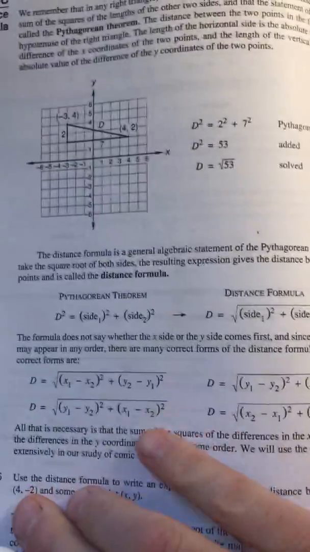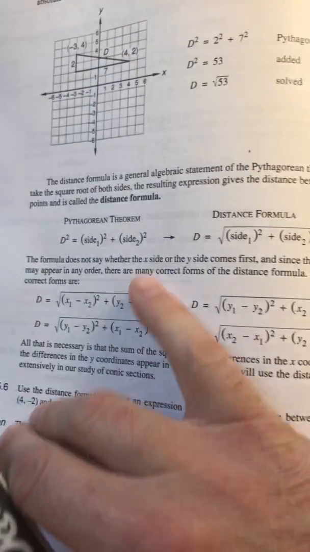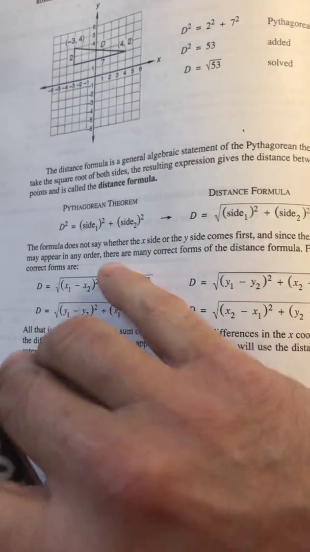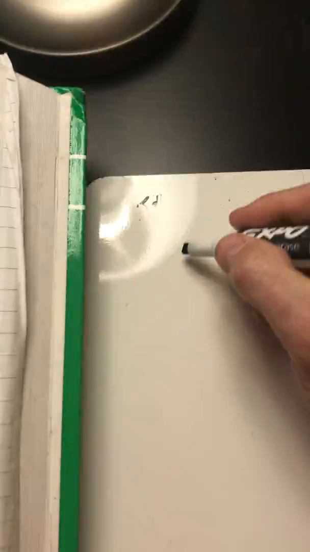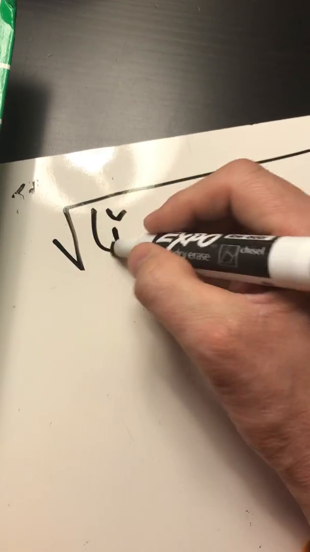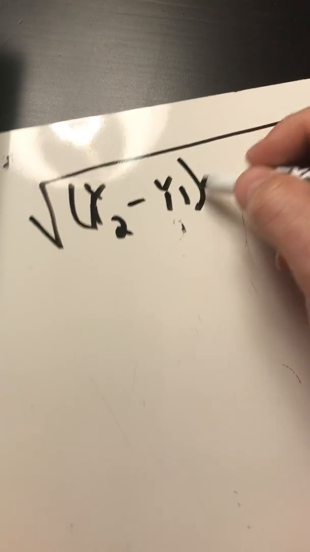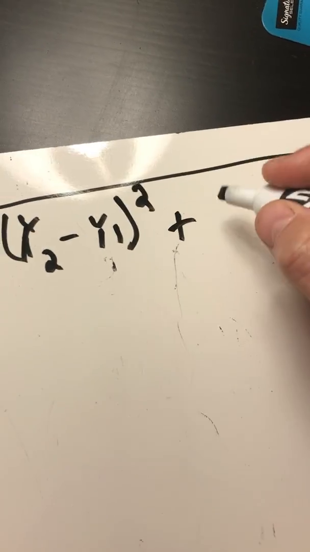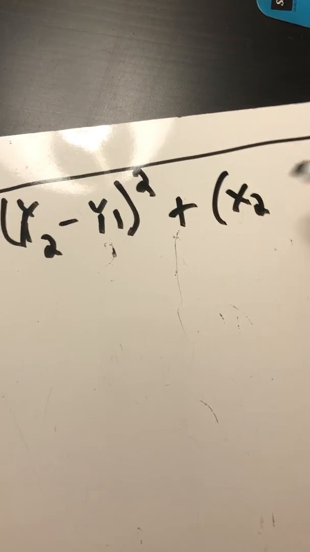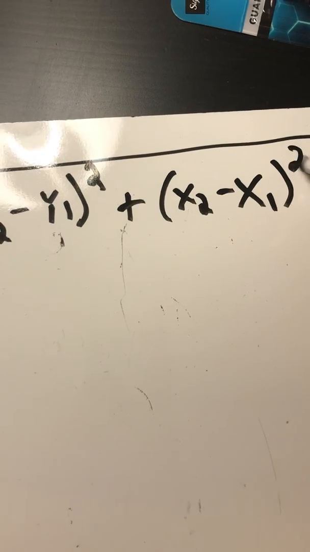For the distance formula, it doesn't really matter which one of these 4 you do, but it's the square root of, just to stay in character, where we do the y's first, y2 minus y1 squared plus x sub 2 minus x sub 1 squared.